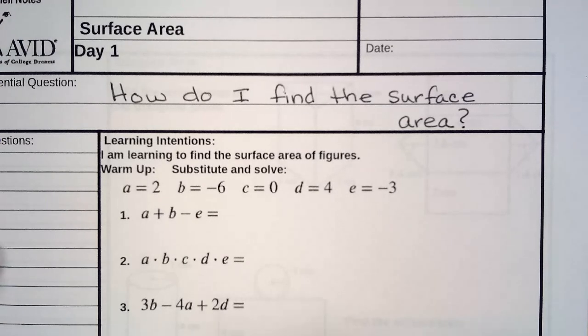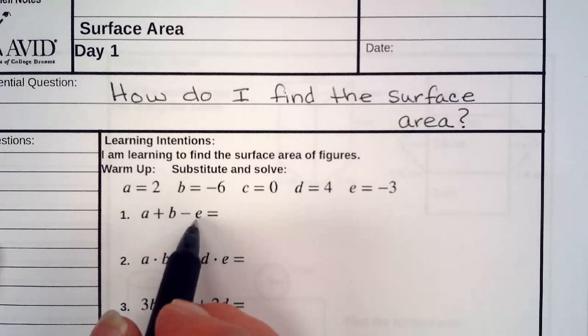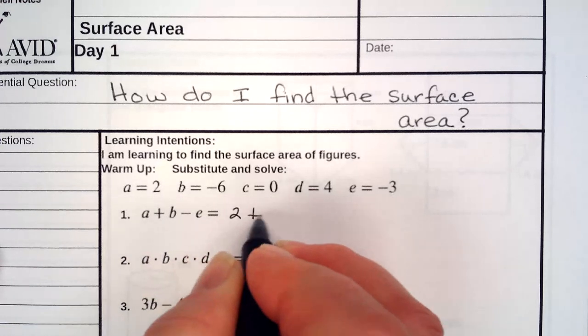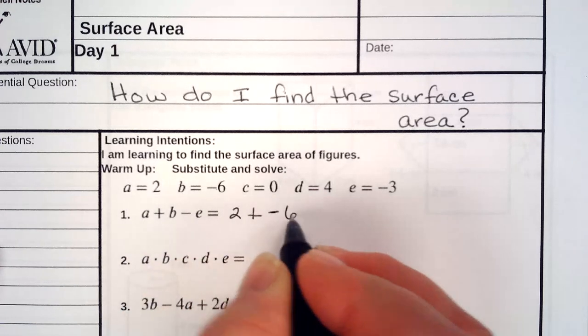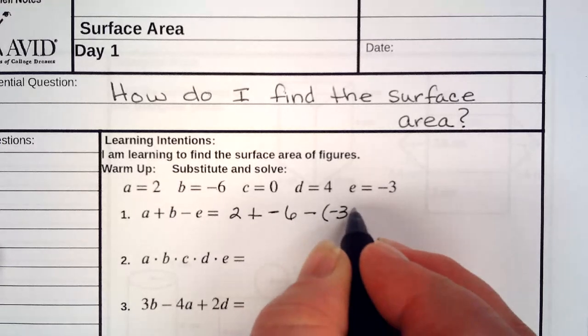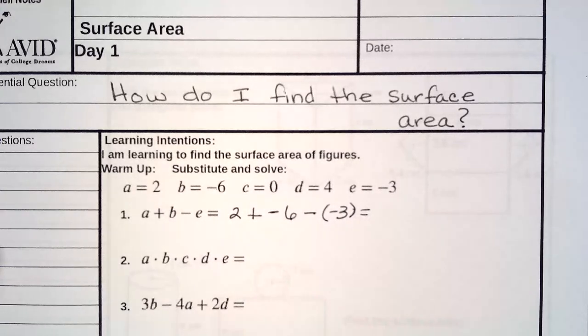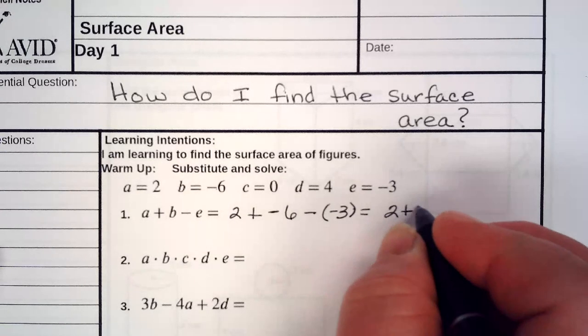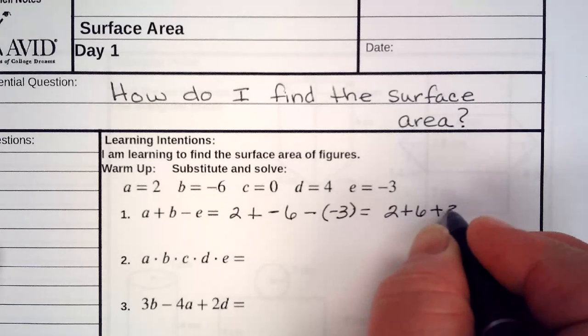Well, I hope you tried. A plus B minus E. A is 2, plus B is negative 6, minus E, which is negative 3. Well, we know we don't minus a negative number, so this becomes 2 plus negative 6 plus 3.